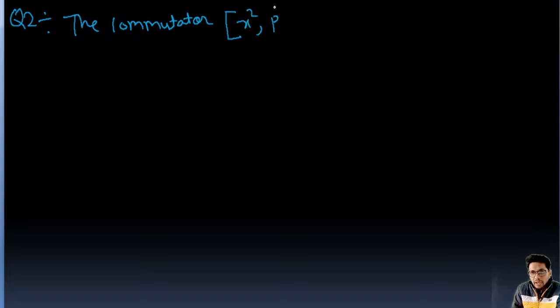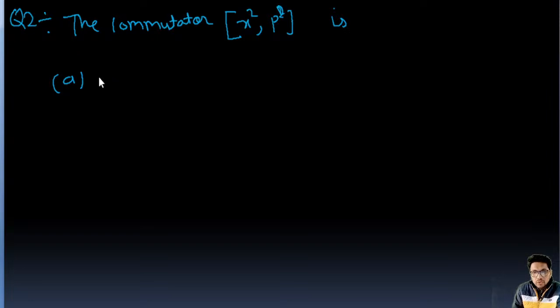So question number 2 is, the commutator x square p square is, okay. Options are given.